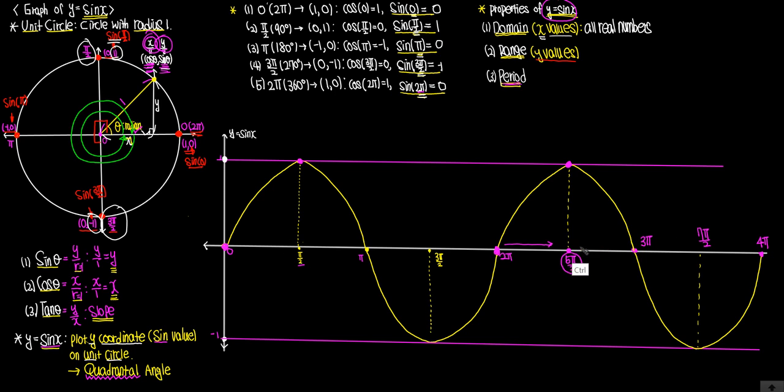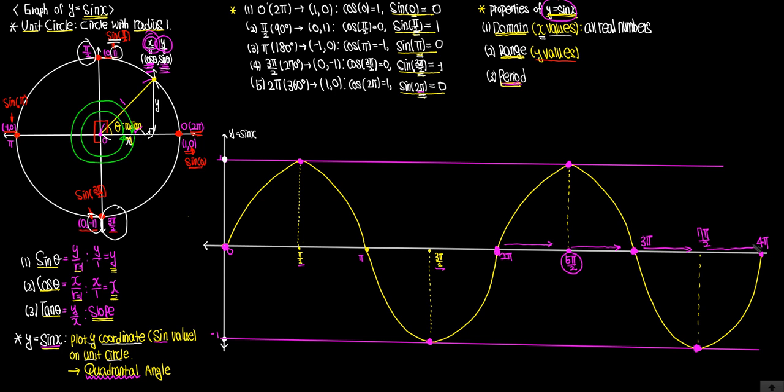And as the angle increases, the y value decreases, just like the original graph we drew from 0 to 2 pi radian, so it stops at 0. Then the angle increases to 7 pi over 2 as its x value, and the y value will have its minimum point as -1, just like the original graph from 0 to 2 pi, where it had its minimum point when the x value was 3 pi over 2 radian.